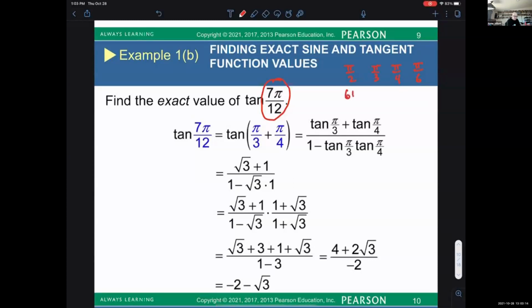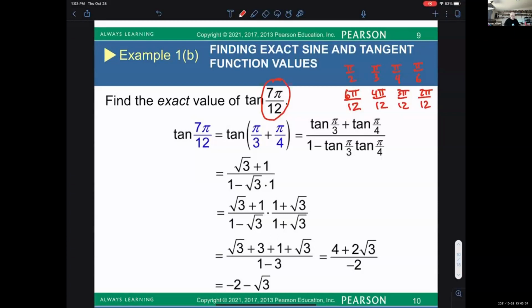So I would get 6 pi over 12. If I have the 3 in the bottom, I'd want to multiply top and the bottom by 4, and I'd get 4 pi over 12, 3 pi over 12, and 2 pi over 12 for each of those friendlier angle measurements that we know about.